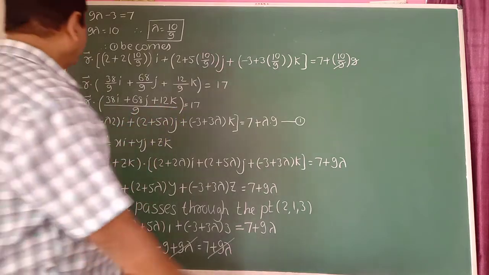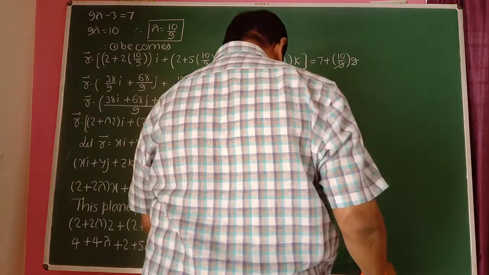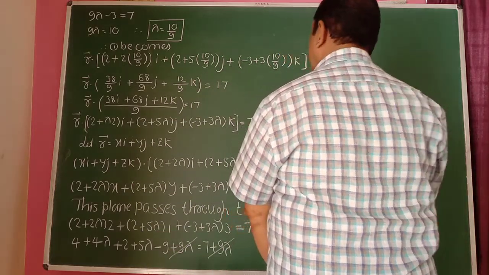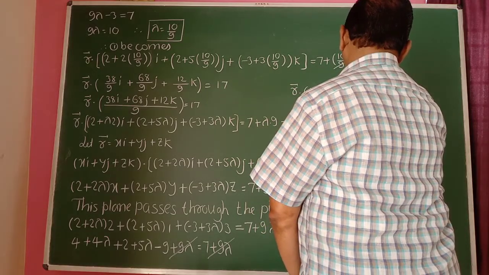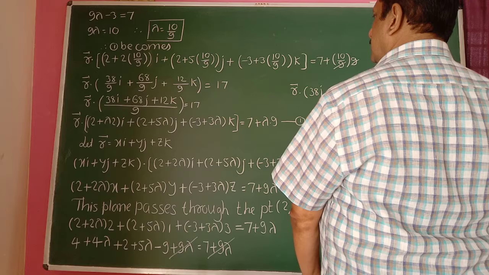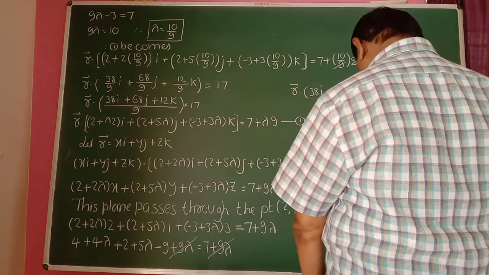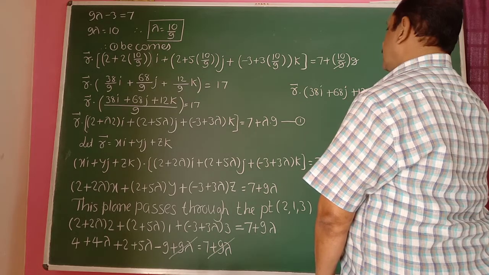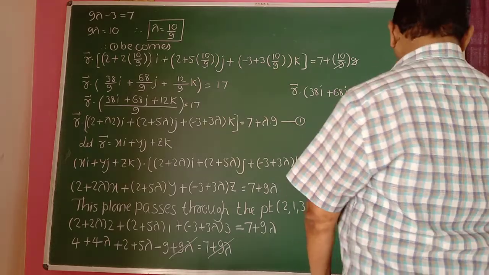Therefore R bar dot of 38I plus 68Z plus 12k is equal to 17 into 9, which becomes 153.